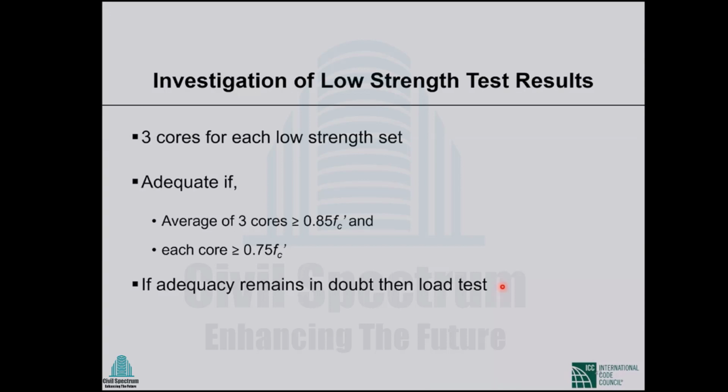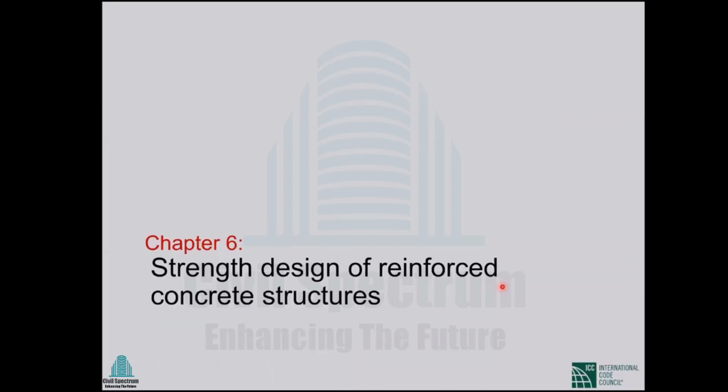You literally shoot concrete using a pipe to the surface of, say, a wall, and in that way you prepare a concrete wall. That is called shotcrete. So there is a section on shotcrete in this chapter. That is a new addition. Chapter 6, strength design of reinforced concrete structures.